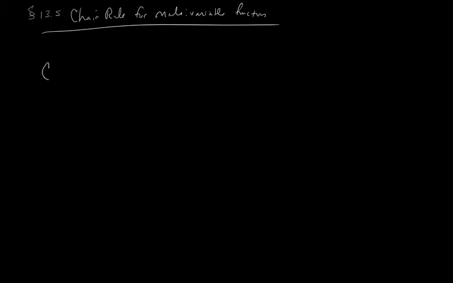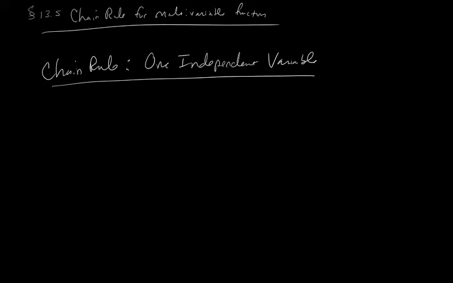So the chain rule for one independent variable. What we mean by having one independent variable is that both x and y are functions of a parameter t. So let's just outline this here.